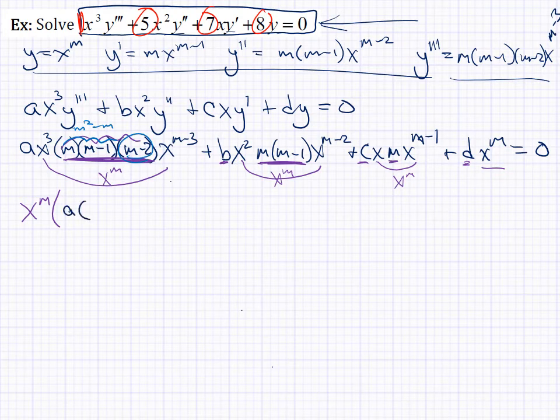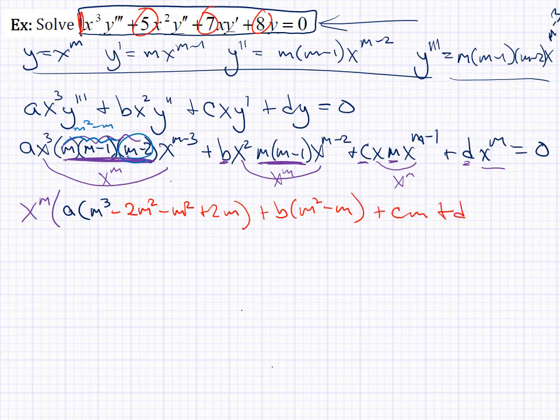You're going to get a times m cubed minus 2m squared minus m squared plus 2m. Here you're going to get b times m squared minus m, plus cm, plus d.